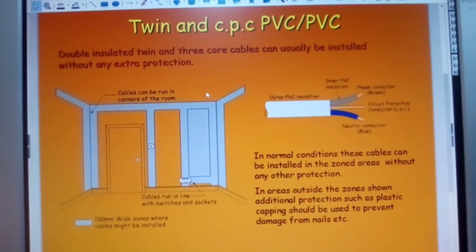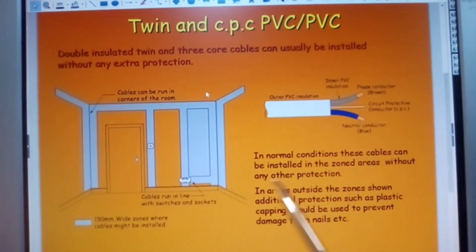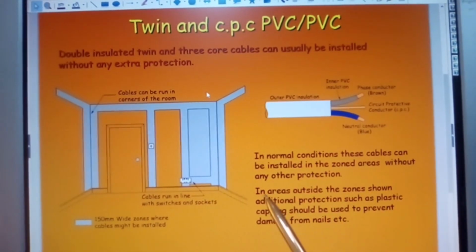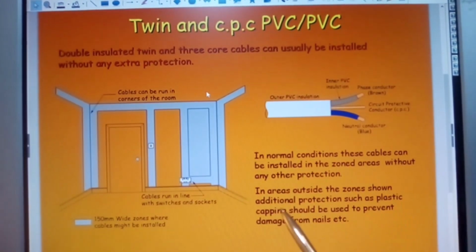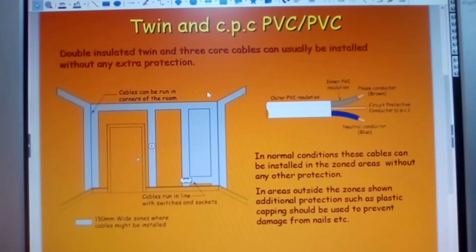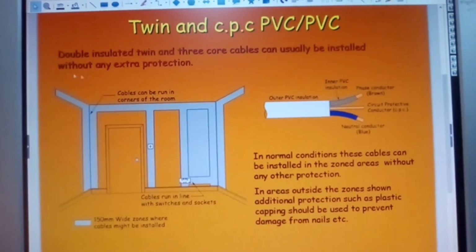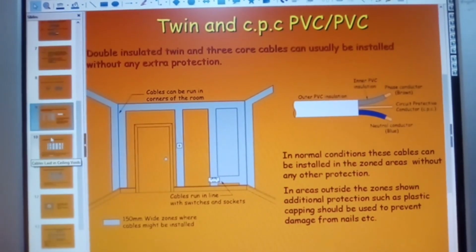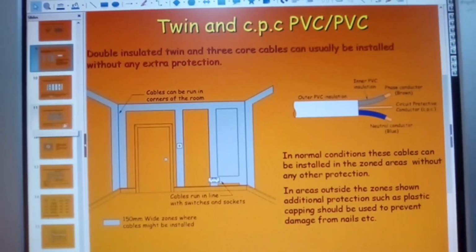Okay, that's all it is saying. In normal conditions, these cables can be installed in the zone areas without any other protection. In areas outside the zone shown, additional protection such as plastic capping should be used to prevent damage from nails, etc. And if any of you haven't had experience of having a nail go for a cable, you're in for a treat.